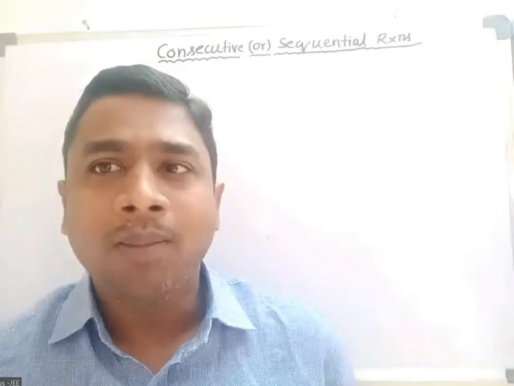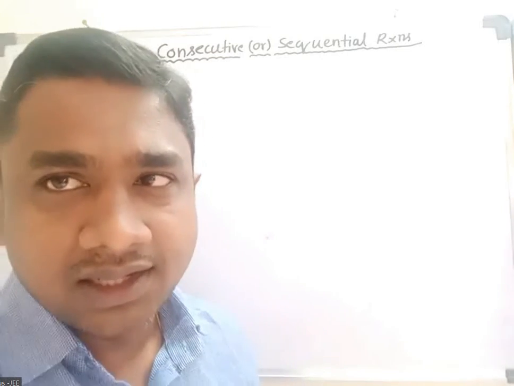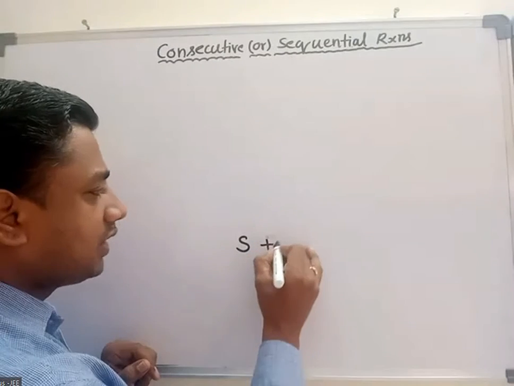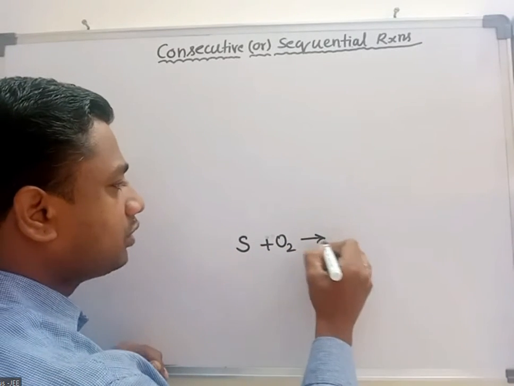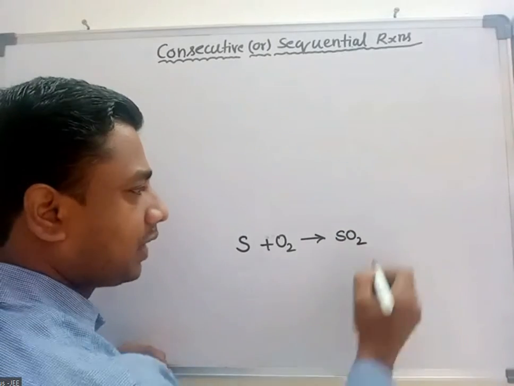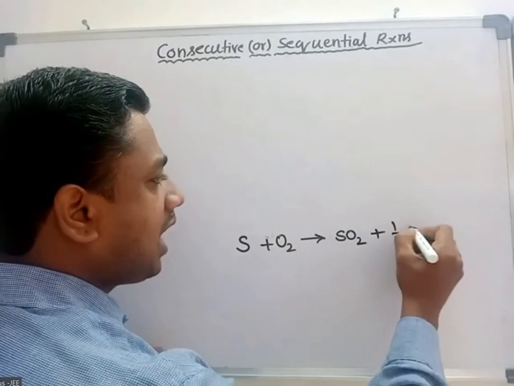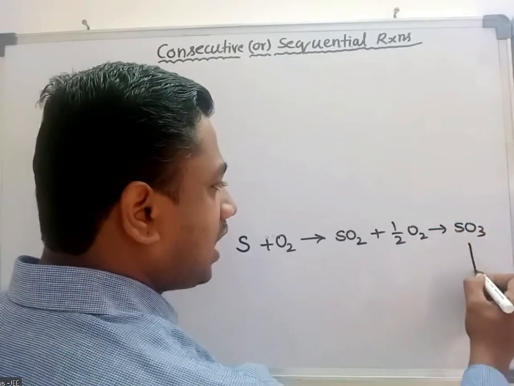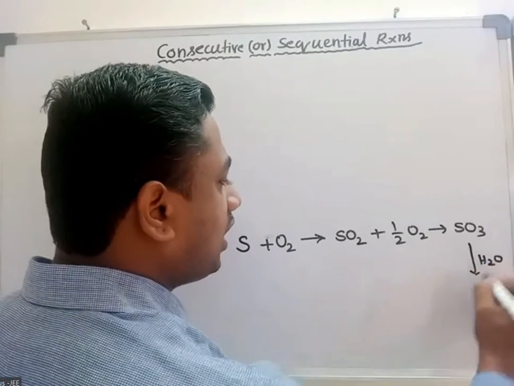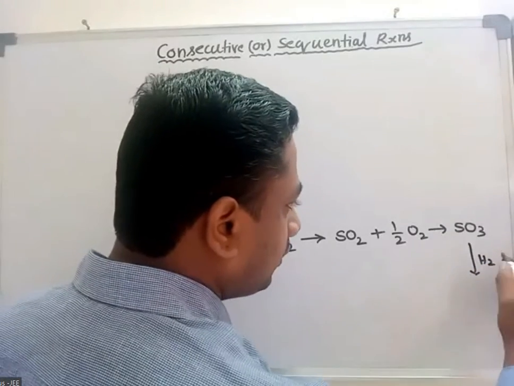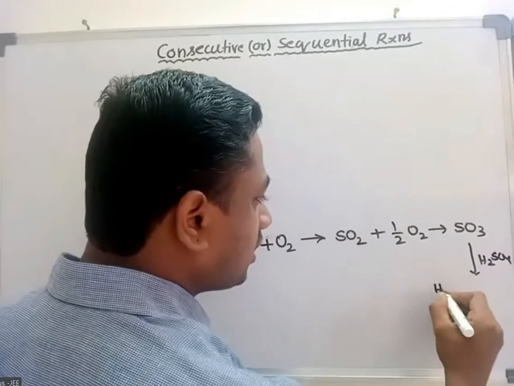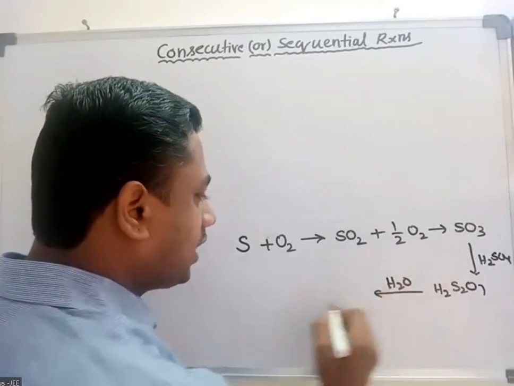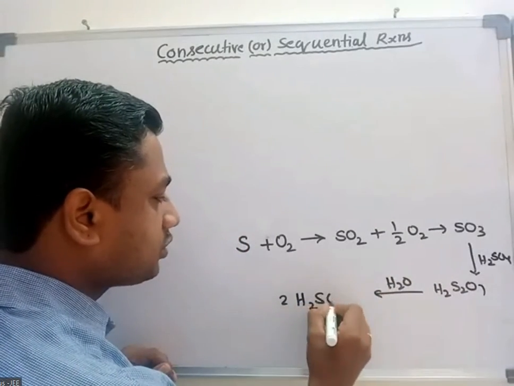For example, manufacturing of sulfuric acid. Just listen. Sulfur on reaction with oxygen produces sulfur dioxide. Sulfur dioxide on reaction with oxygen produces sulfur trioxide. Sulfur trioxide, when dissolved in water, produces H2S2O7, which again dissolved in water produces 2H2SO4.